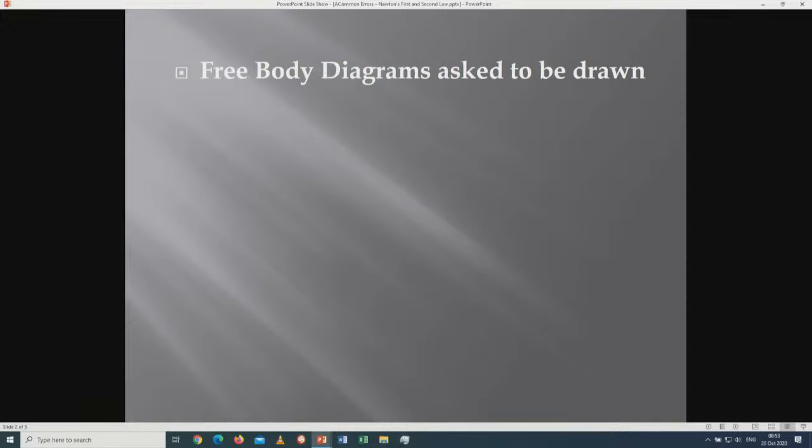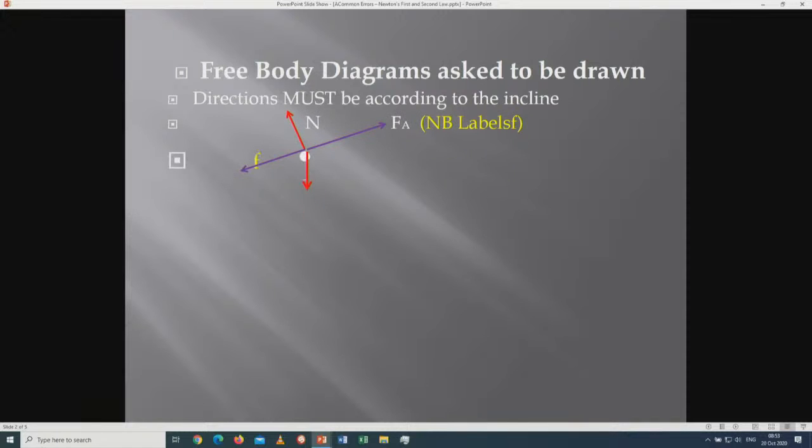Now, when a free body diagram is asked in such a question like question 2, there's a 90% chance that you will be asked to draw a free body diagram. So let me put this diagram on here.